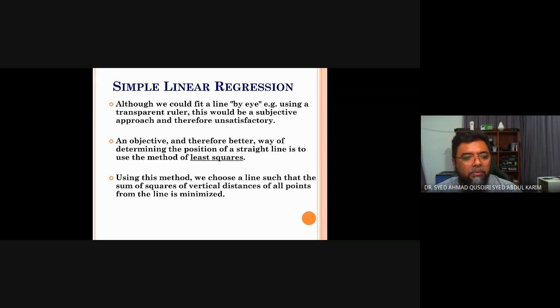Therefore, a better way of determining the position of the straight line is to use the method of least squares. Using this method, we choose a line such that the sum of squares of vertical distances of all points from the line is minimized. So the least square method can help us to put the line more objectively, so that people won't be questioning our decision on the location of the best fit for that particular line.